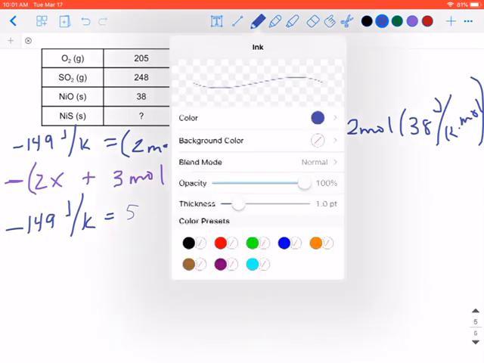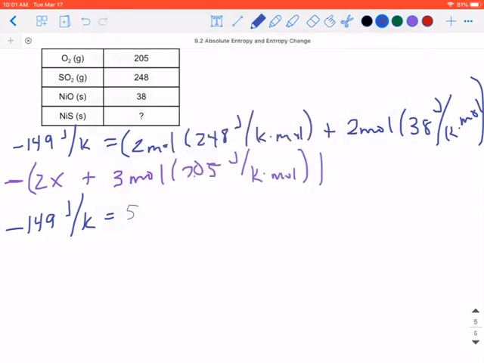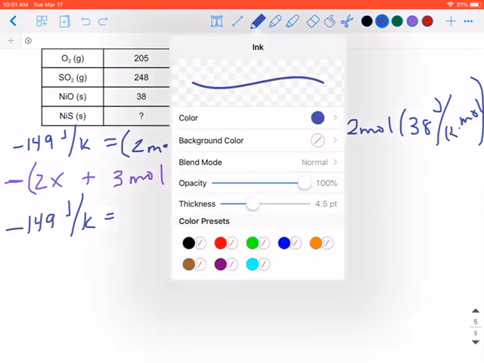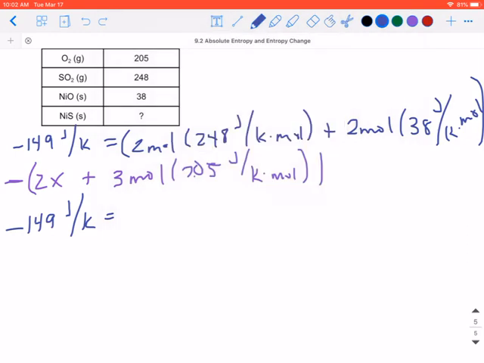Alright, so 572, why did the thickness change? Oh my goodness. Let's see, hold on. That's ridiculous size. Let's see if that's better.